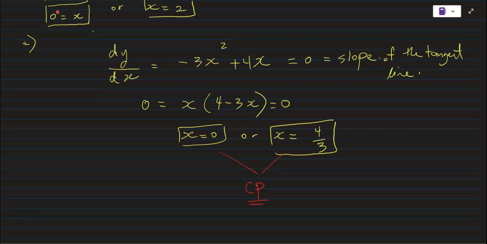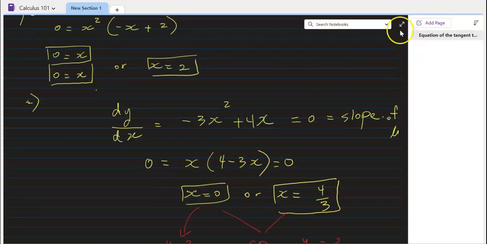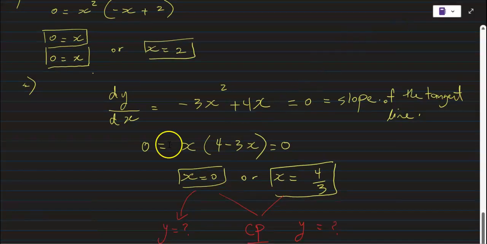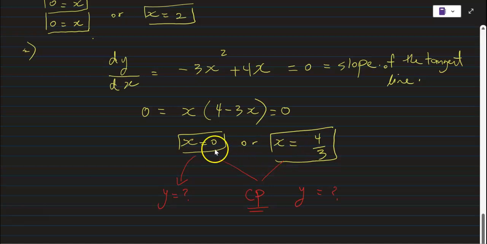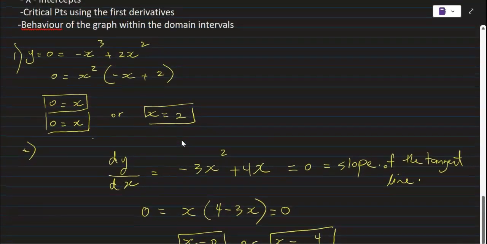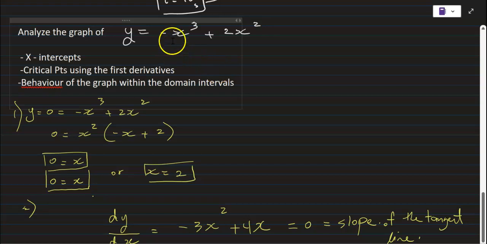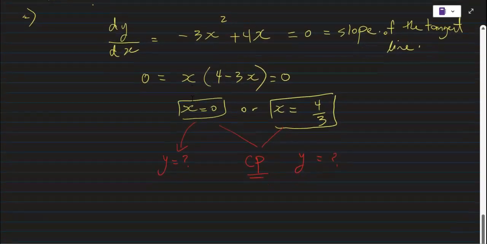Now that we have the critical points, we need to find out exactly what the y value is for each one, based on when x is given by 0 or 4/3. So let's plug these x values separately into the original function right up here, minus x cubed plus 2x squared, and find out what the y coordinate is, and then move on from there.